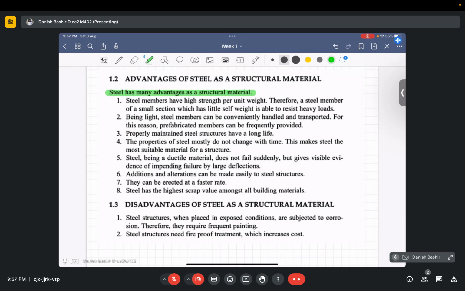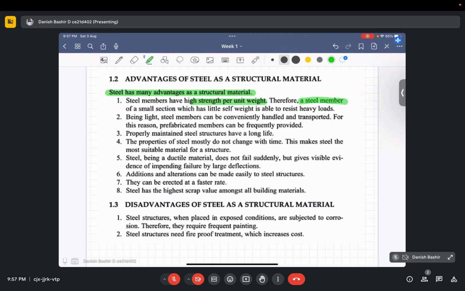For example, if we take a structural member, it has a very high strength per unit weight. It means that for a given weight of a steel member, it has high strength compared to its counterparts. Like if we see an RC member, it has a high strength to its unit weight.